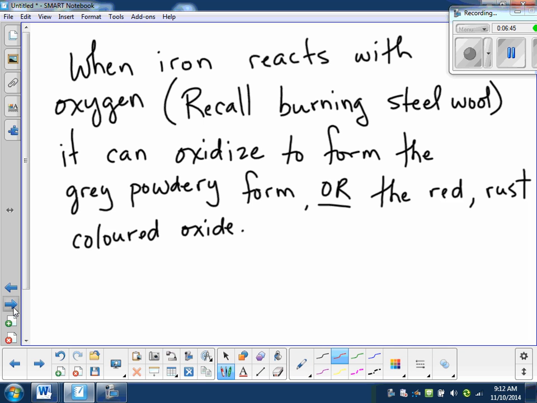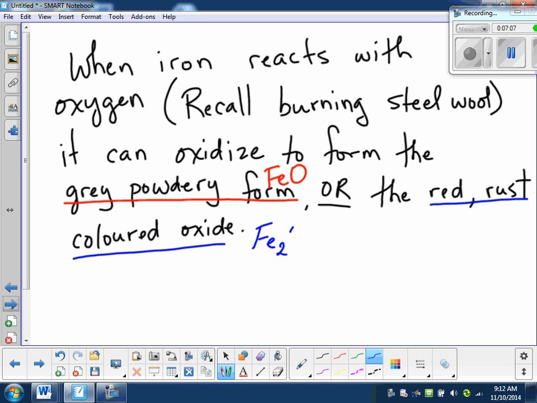This gray powdery form is in the formula FeO. One oxygen atom to one iron atom. It's a 1-to-1 ratio. In the red rust-colored oxide, the formula is Fe2O3.